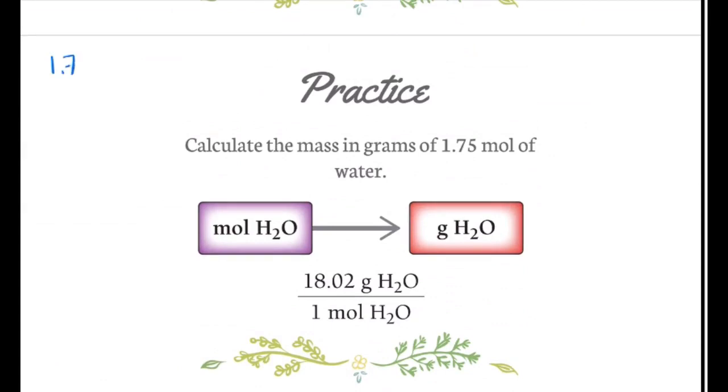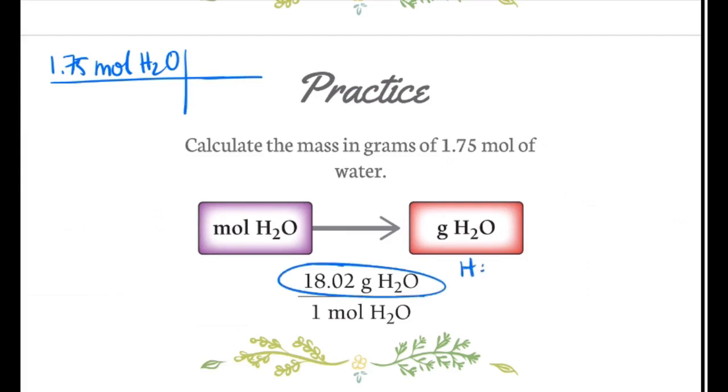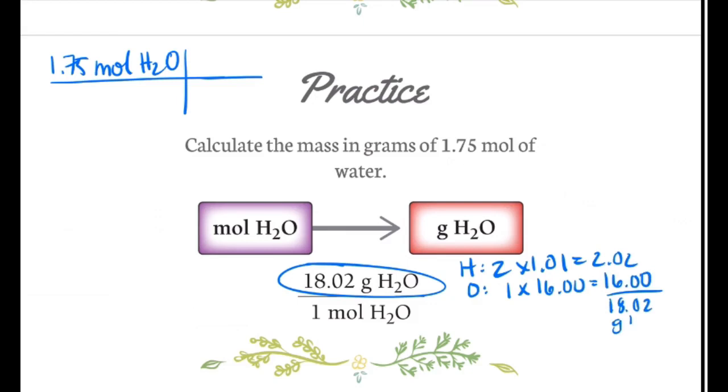If I have 1.75 moles of water, how many grams is that? So now I have to use a formula mass. So how do I get this 18.02? Well, if I have water, I have 2 hydrogens, and I have 1 oxygen. So that gives me 18.02 grams per mole.